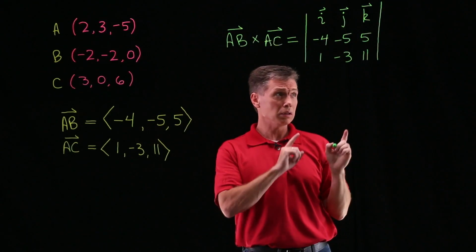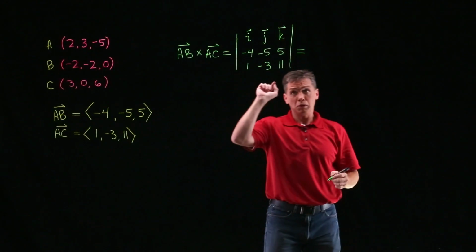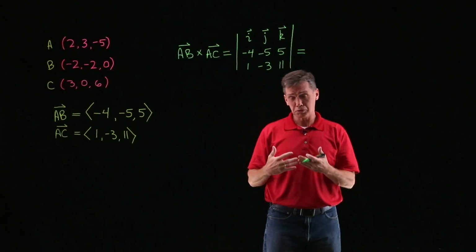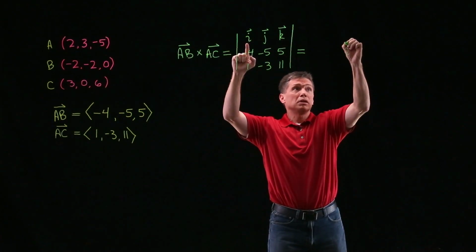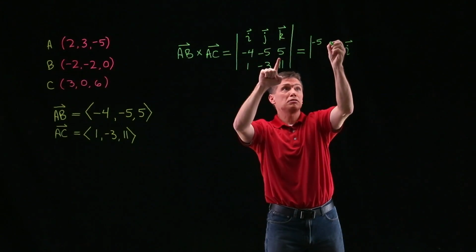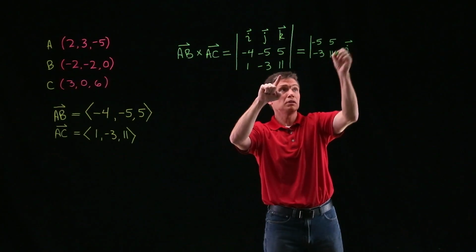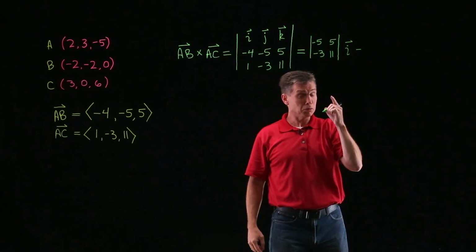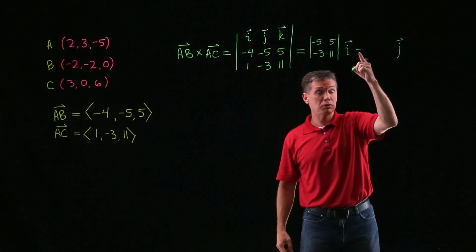Okay. So this will equal, I think I have some space here, make sure this fits. We do this work by doing your cofactor expansion type of work for a determinant. So for my I vector, my submatrix will look like -5, 5, and -3, 11. I'll need the determinant of that. Minus, that's part of your cofactor work, is the J part has a minus sign in front.